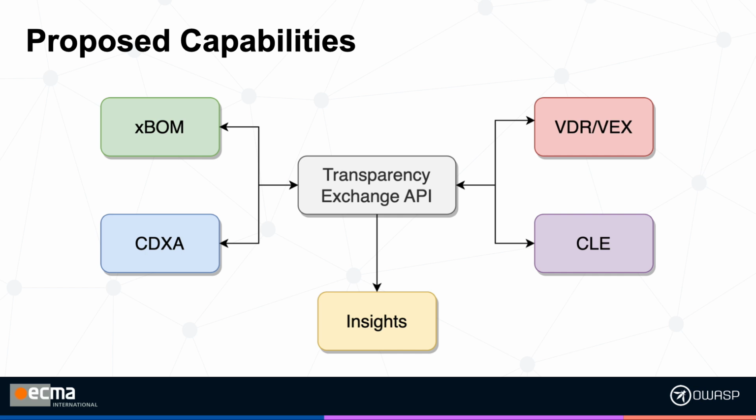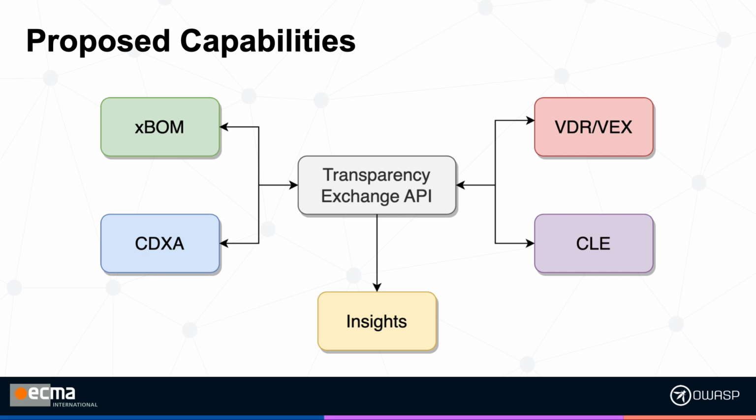The upper right, VDRs and VEXs. Again, we have a problem with sharing. The challenge is that consumers really don't know where to get the SBOM from today in an automated and autonomous way.